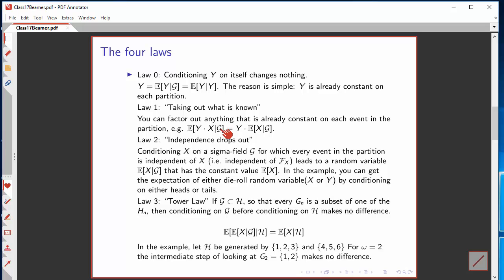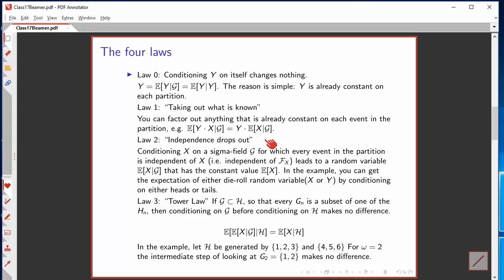So if, for example, we're evaluating this on an omega, like roll of 2 combined with heads, what we have to do is take the average over the event in the partition where Y equals 1, and it makes no difference whether we do that before or after calculating the expectation. The easy way to do it is first calculate the expectation of X over that element in the partition to get 2, and then multiply by Y, which happens to equal 1.